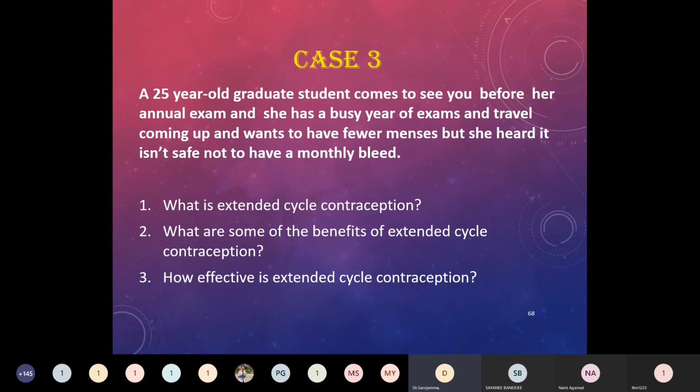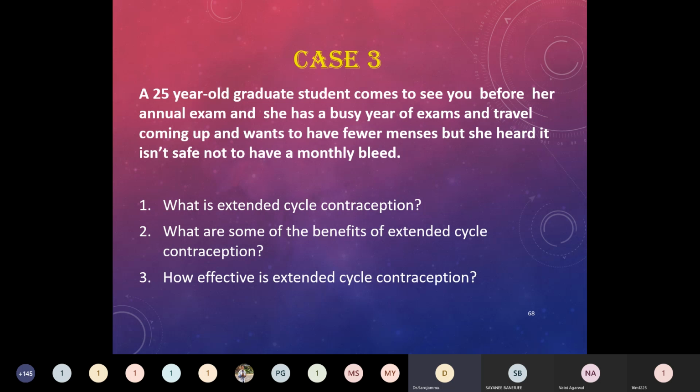Case 3, a 23-year-old graduate student comes to see you before her annual exam. She's very busy with exams and travel coming and wants to have fewer cycles. So the ideal method is extended contraception. Extended contraception extends for 91 days, where you can give Seasonale, which contains 91 tablets, 84 active and 7 inactive pills.